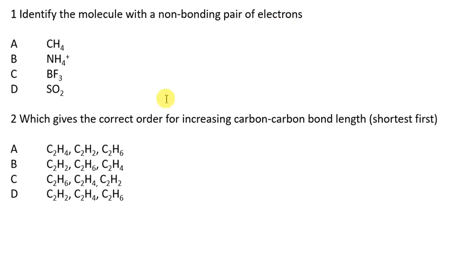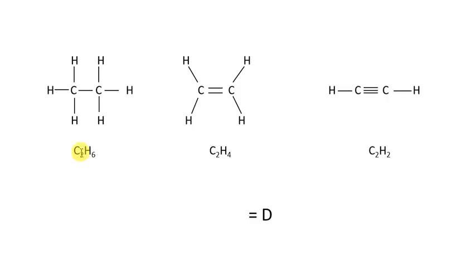Last question. What's the order of increasing carbon-to-carbon bond lengths? 3 possibilities. Please take a moment, pause the video. I'll explain. Again, I can do this by drawing the structures. C2H4, C2H2, C2H6.